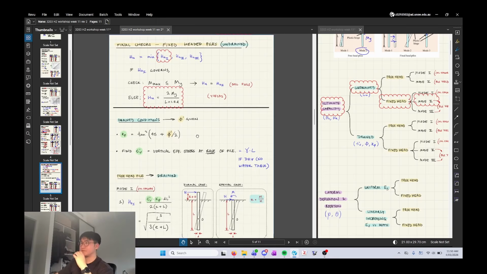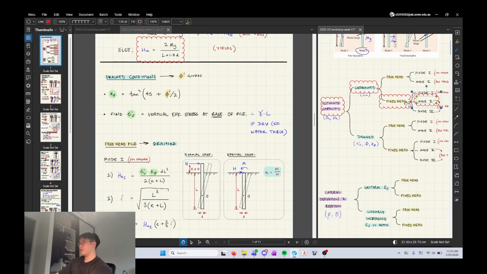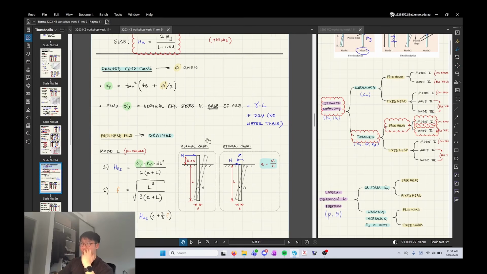So, yeah. All right, next is drained conditions. So now we're in this territory here, right? And we're going to check it for free head first, and then we're going to compare the two failure modes for free head. Okay, so drained conditions, you're going to get given the friction angle of the sand or whatever, and you have to find the vertical effective stress, and this is specifically at the base of the pile. So if that's your pile, your distribution for stress might be something like this.